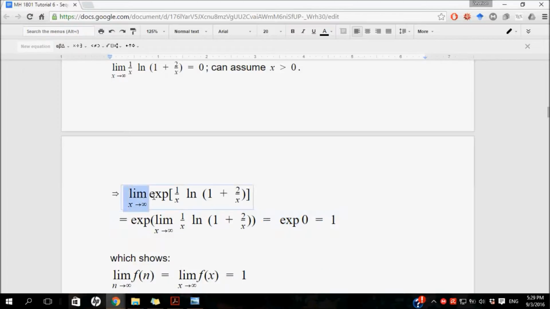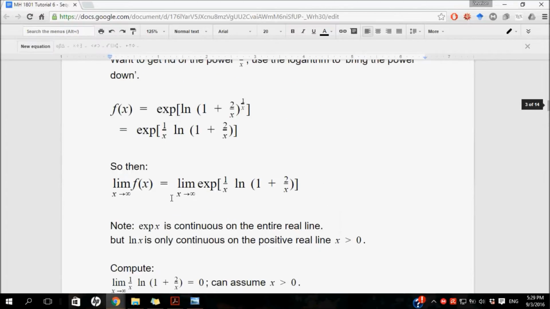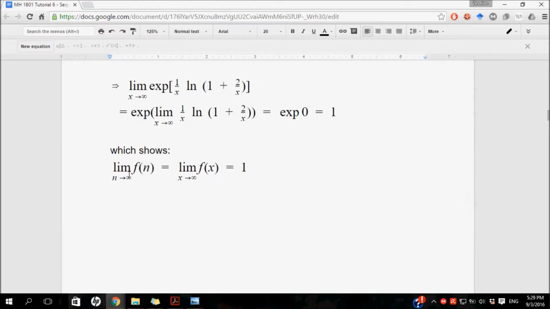And as we noted earlier, this limit is the same thing as the limit as x tends to infinity. Therefore, by restriction to the natural numbers again, that shows us that the limit as n tends to infinity of f(n) for the natural numbers is the same thing as the limit of the function f(x) as x tends to infinity, and it's the same thing as this value which we just found.